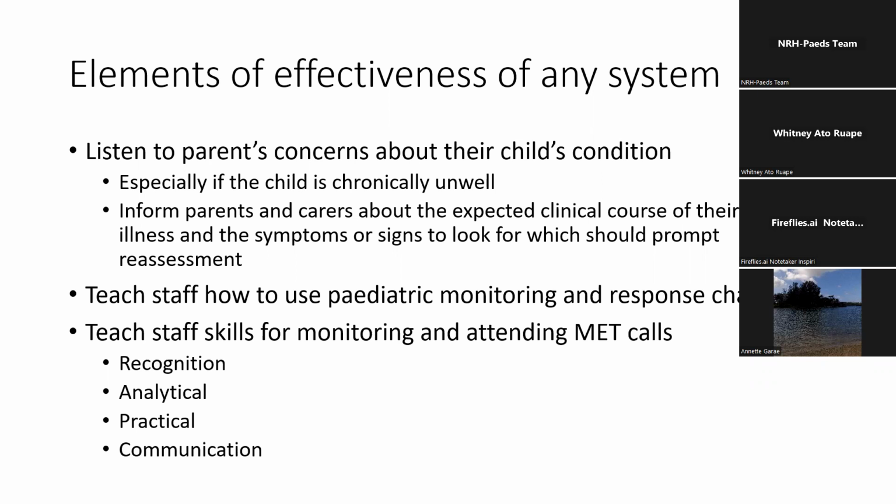So doctors and nurses who don't know the child might think their baseline is normal, and they may not be able to recognize when the child's deteriorating. I think parents know their children best, and we should always listen to parents' concerns if they think their child is becoming more unwell.